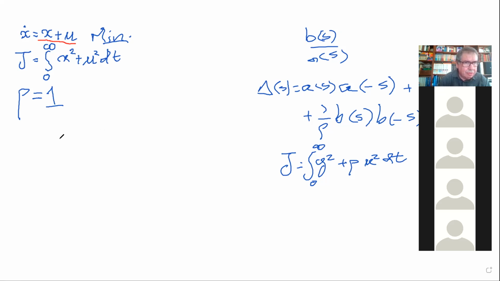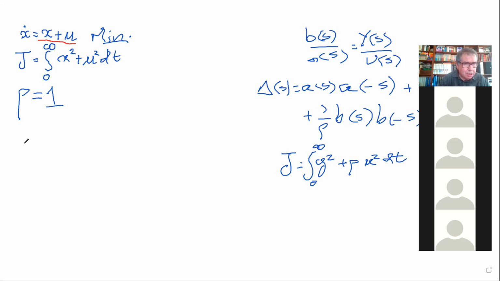Now we have to find the transfer function. How can I find the open loop transfer function? This is open loop, so this is y of s divided by u of s. In this case, y is the same as x. So what shall I do? I apply the Laplace transform to x dot equals x plus u, with zero initial conditions. So what do I get?